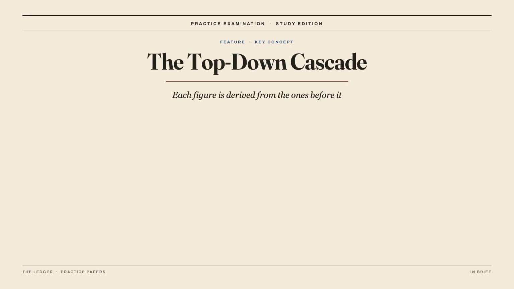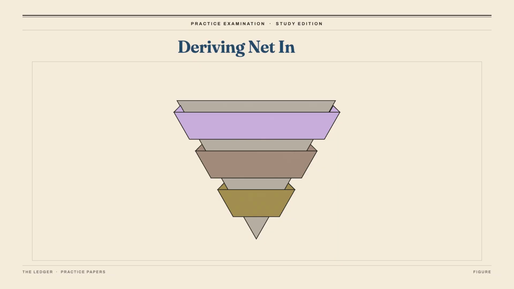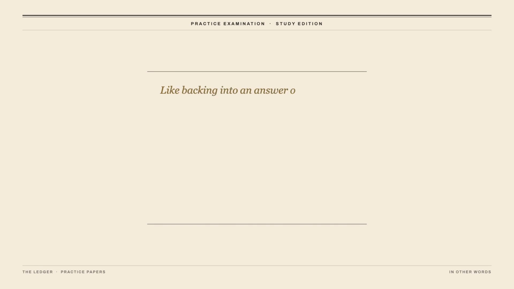The 7-step game plan works from the top of the income statement downward. Revenue is projected first, then expenses, then working capital and financing, with net income sitting at the very bottom, determined by everything projected above it. Net income is a result, computed from the assumptions that drive the projection, never a number the analyst picks first and reverse engineers the statements to reach.